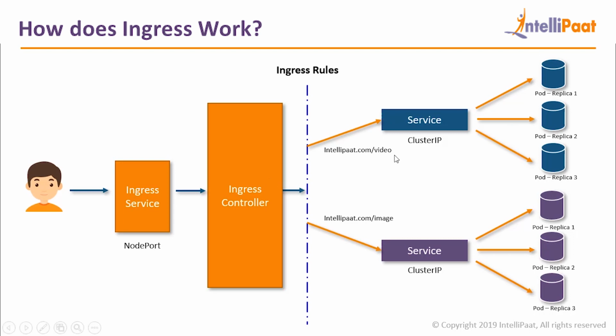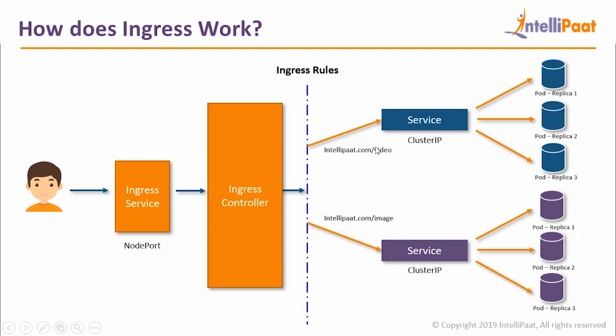But for now, in this architecture, as you can see, when the user enters the URL into the browser, that basically gets redirected to the ingress service. The ingress service in turn forwards the request to the ingress controller, which checks the rules, and based on the rules it takes a decision as to where the request has to be sent.